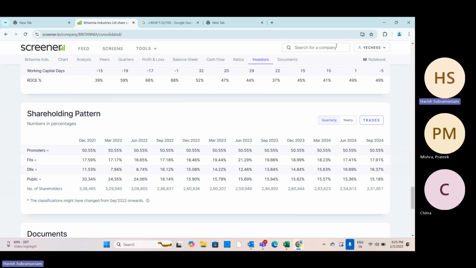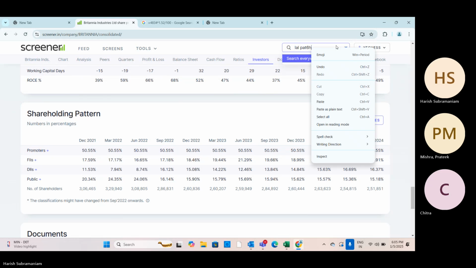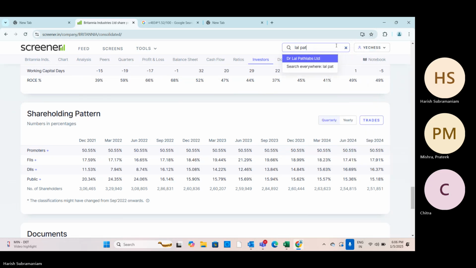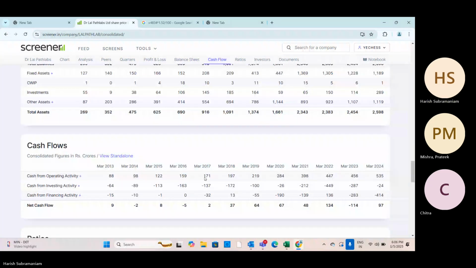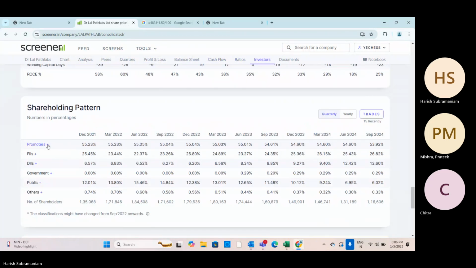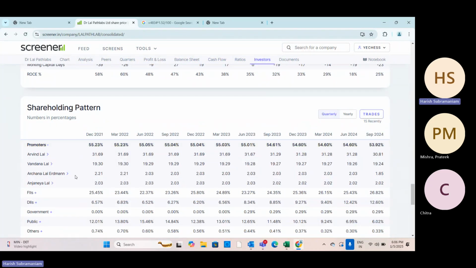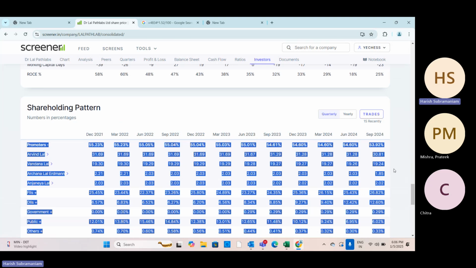So for example, we were discussing Lal Pathlabs, right? So if we look at Dr. Lal Pathlabs, for example, the promoters' primary business is that of Lal Pathlabs, right?